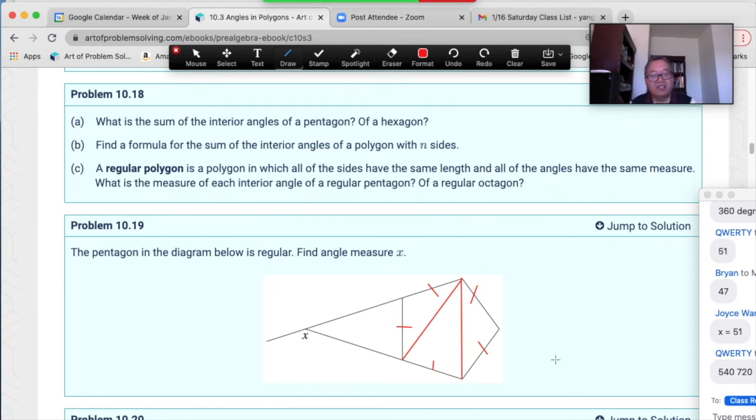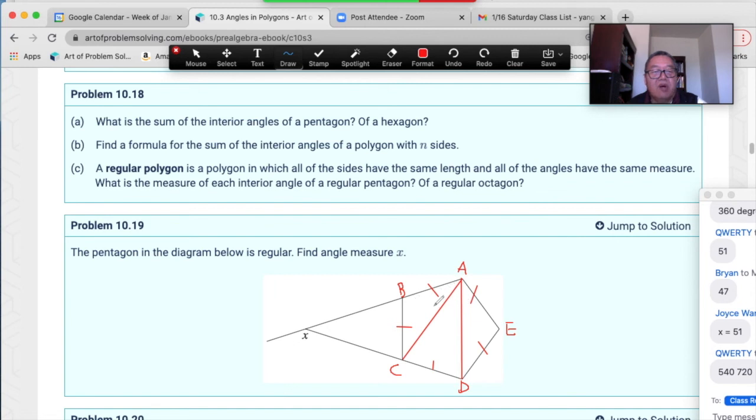Then you get three triangles, right? Suppose I mark this one A, this one B, this one C, D, E, right? Then you get the three triangles ABC, ACD, and ADE.